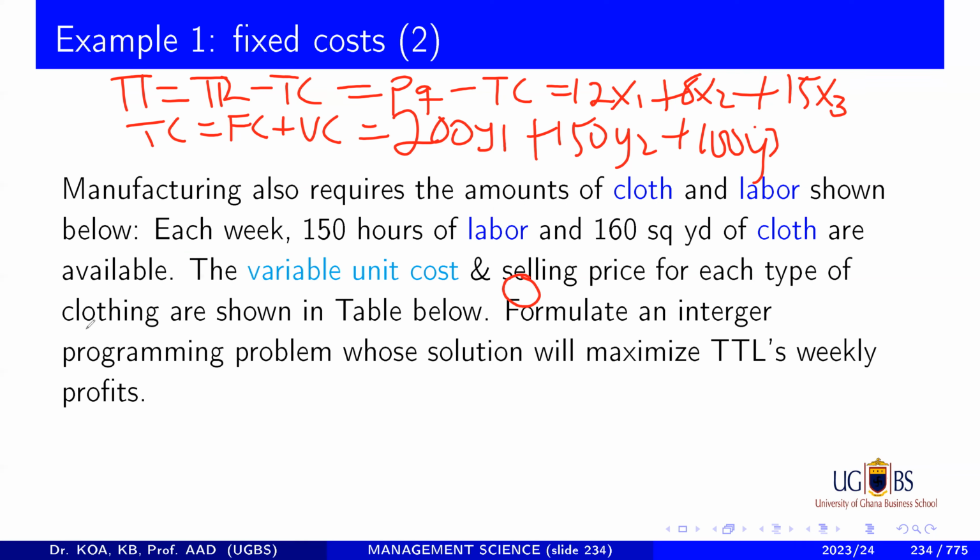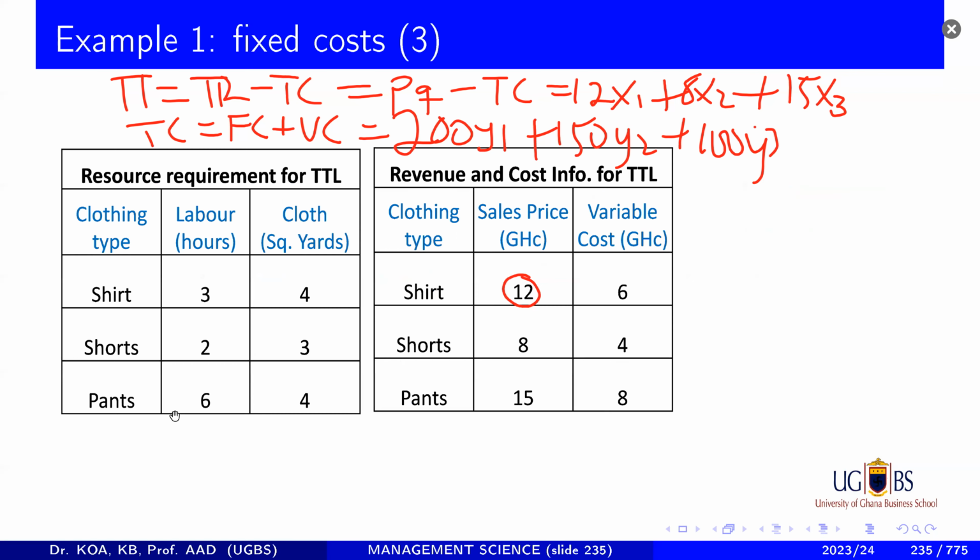And the variable cost was clear. We just saw it. The variable cost is just 6, 4, 8 for shirts, for shorts, for pants. So you just write them down. We are going to have 6x1, because remember they are variables, so they change with the changes in the level of production.